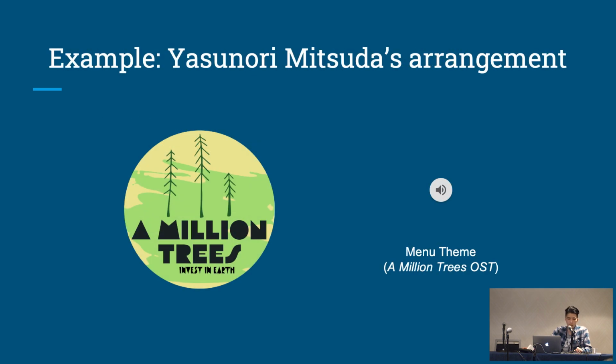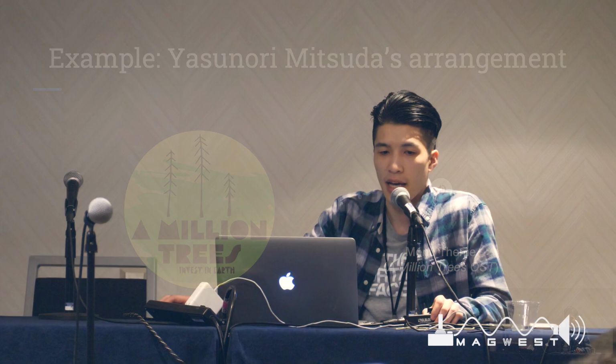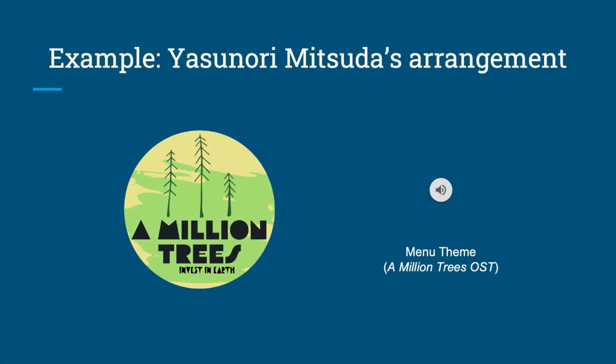So in our Secret of the Forest example, remember how we had the A section in a clarinet, or was it flute, and then it was echoed in a more improvised manner by the piano? Well, that's exactly what I did for my menu theme for my A Million Trees soundtrack.